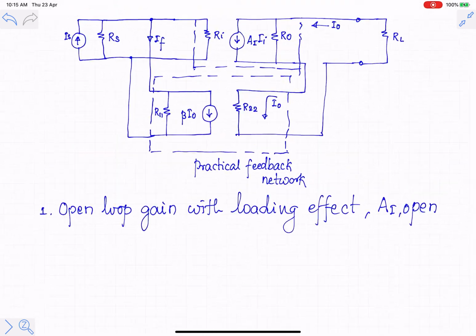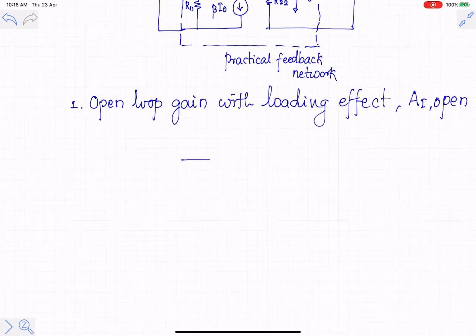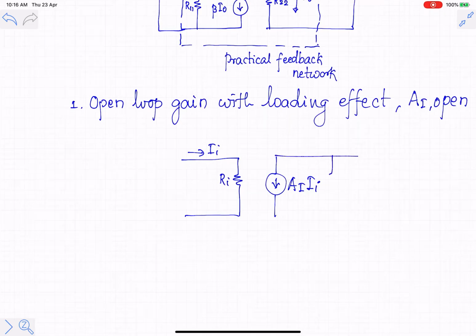So for this, as we have done in the previous cases also, the feedback network has to be duplicated on the input side of the feed forward amplifier as well as on the output side of the feed forward amplifier. So we have this feed forward amplifier, this is Ri, this current is Ii, Ai into Ii, and this is the output impedance of it, which is equal to Ro.